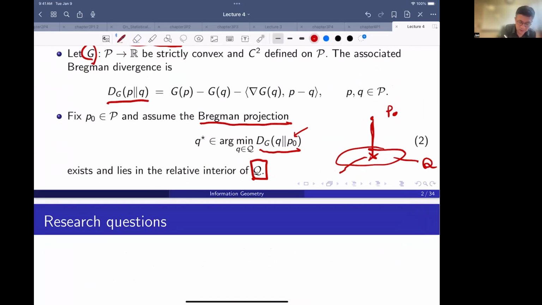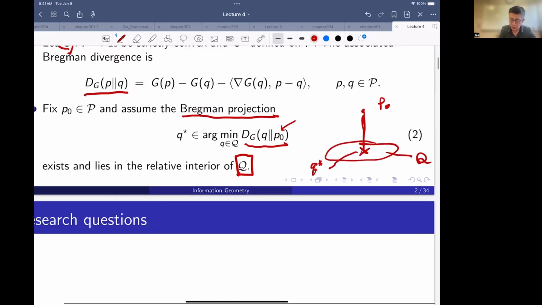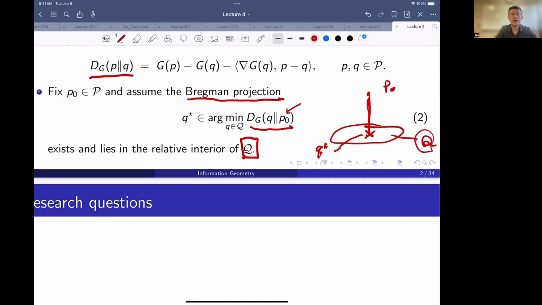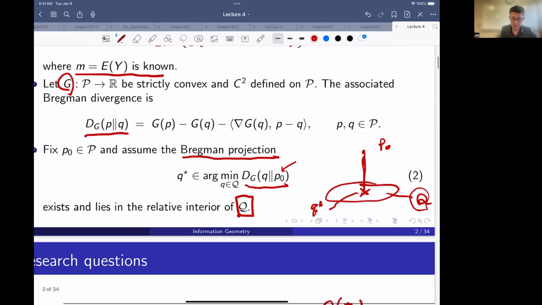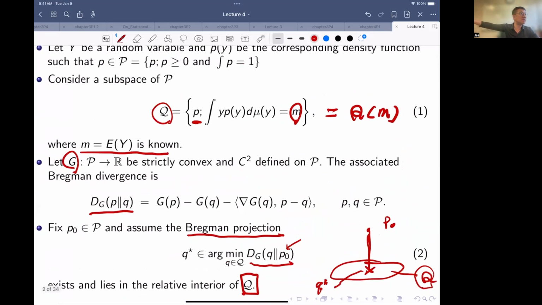So what do I mean by characterize? Here the point is, this Q is actually Q_M, given M, right? You can write it as Q_M because it depends on M. And as you move M along, your space changes.